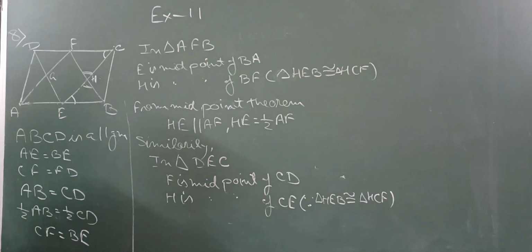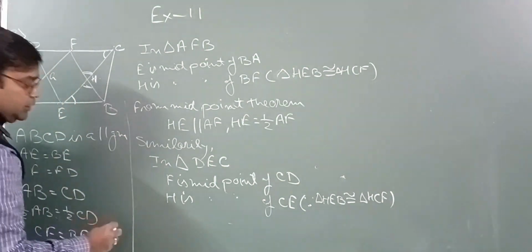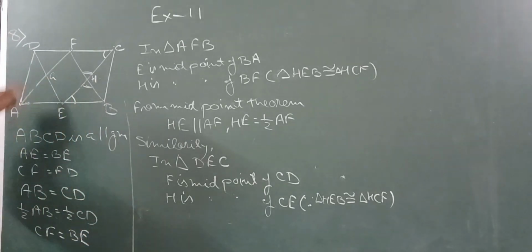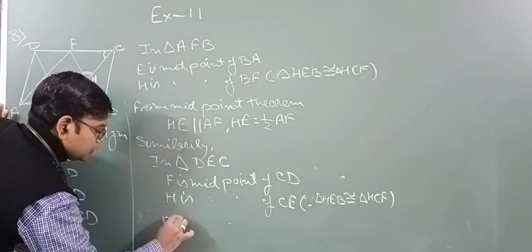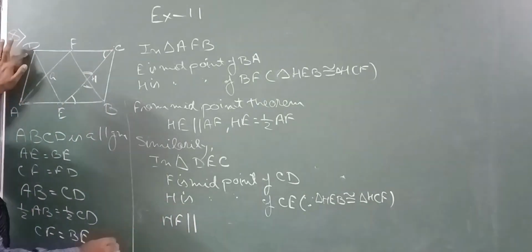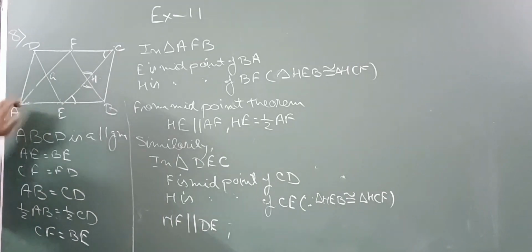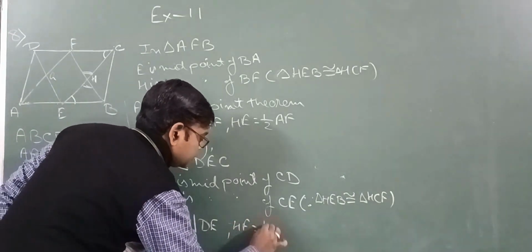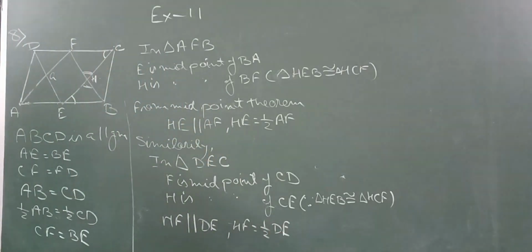So it's clear. Once these two are midpoints, again by the midpoint theorem we can say that HF is parallel to DE, and HF equals half of DE.